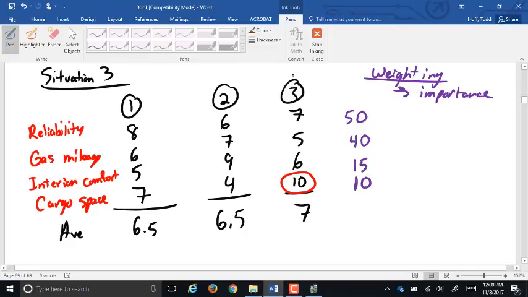Maybe gas mileage and reliability are equally important? Okay, let's do this. We're going to drop this down to 40.